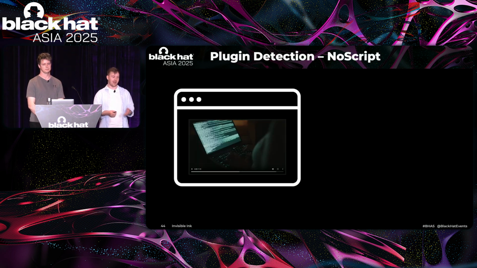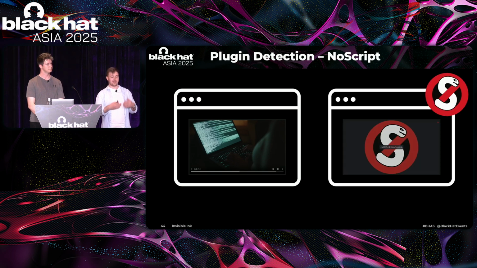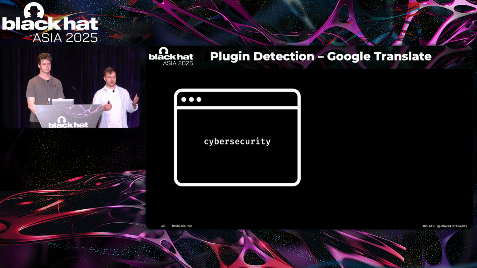And if you, for example, now have a website where a video is playing and you enable NoScript, then that same video will be replaced by a placeholder element. And since this modifies the structure of the website, this is something that you can detect using only CSS. And if you, for example, now have Google Translate and you have an English website where you have the term cybersecurity on there, that has a width of 13 characters.